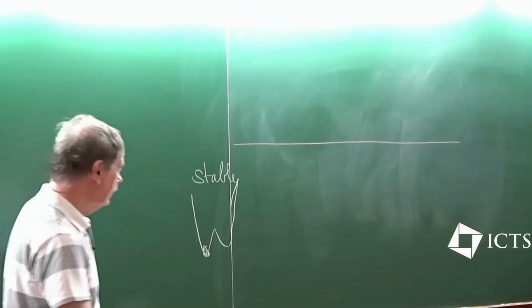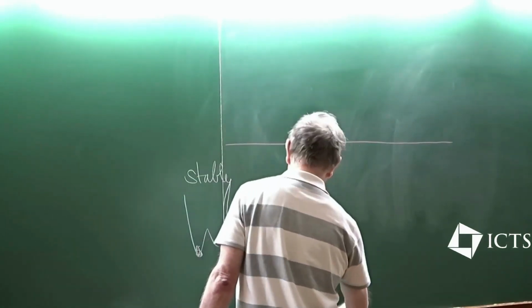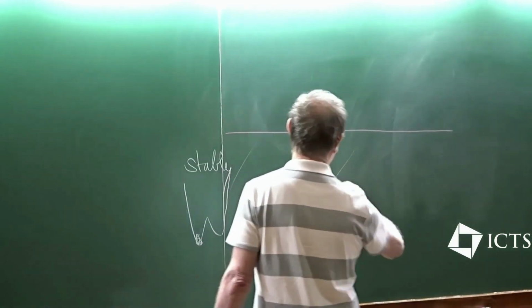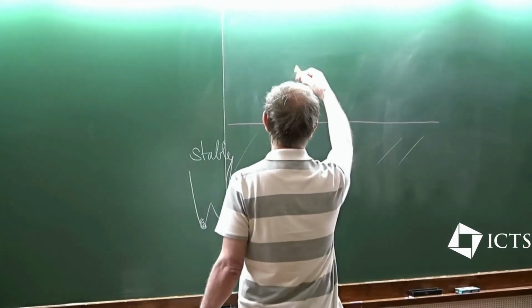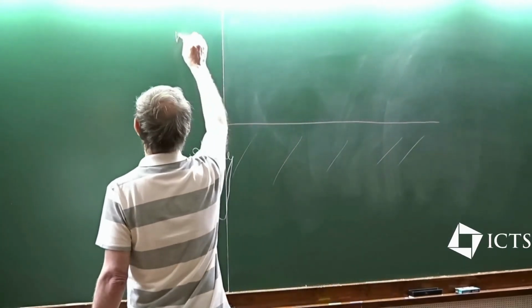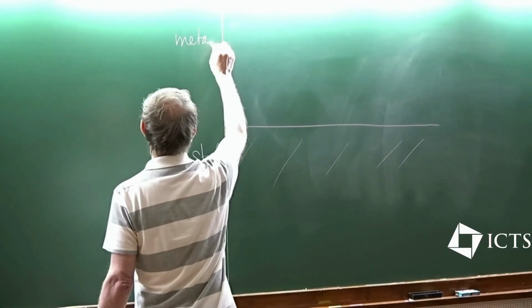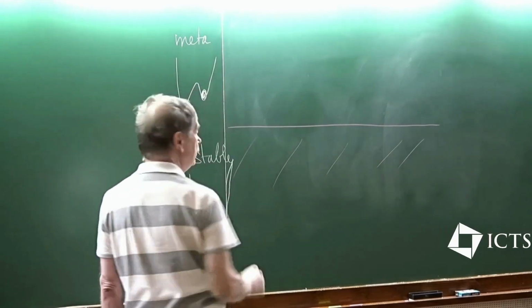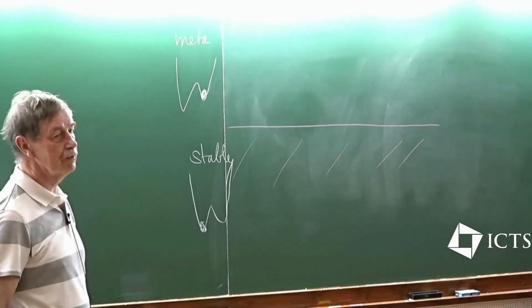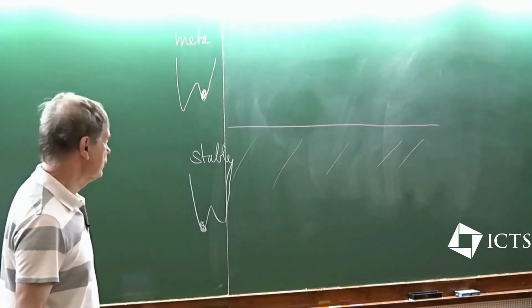And now you have some interface over here, whereas in the upper part you prepare something which is metastable. So the system will sit in this metastable minimum. And then I just let it run.